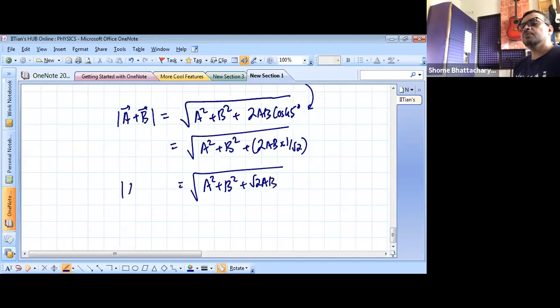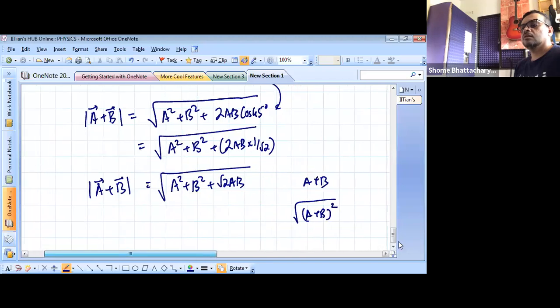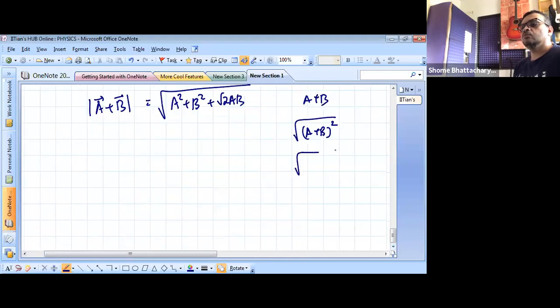Now how can I compare this with A plus B? I can see it like this. If I compare with A plus B, I can write A plus B as the square root of A plus B whole square. So I can write it as the root of A square plus B square plus 2AB.